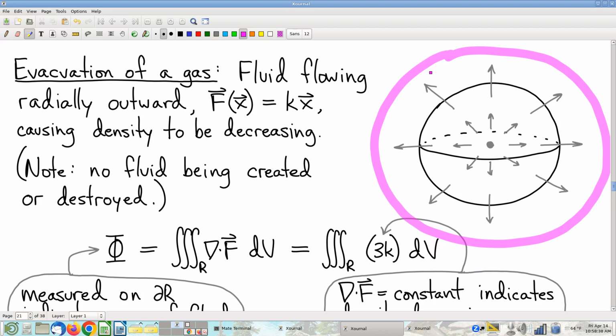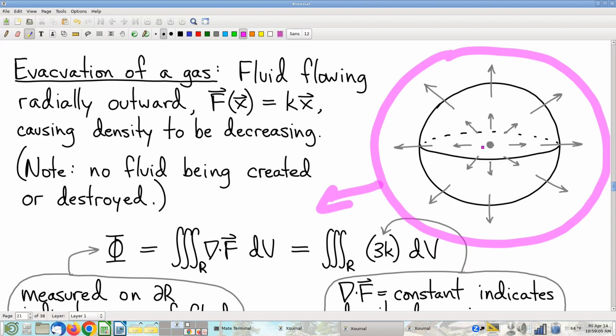And so as this gets bigger, little particles of gas follow. And notice that it's radially outward. Furthermore, notice that the velocity of that gas depends on where you are. For example, if you're at the center, that little piece of gas at the center is in some sense being pulled by all sides, and it ends up not moving at all.